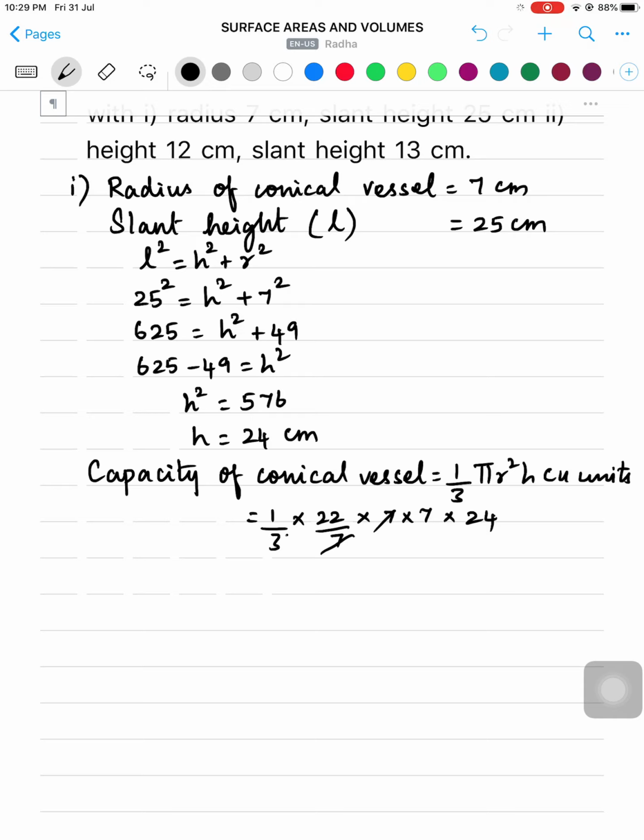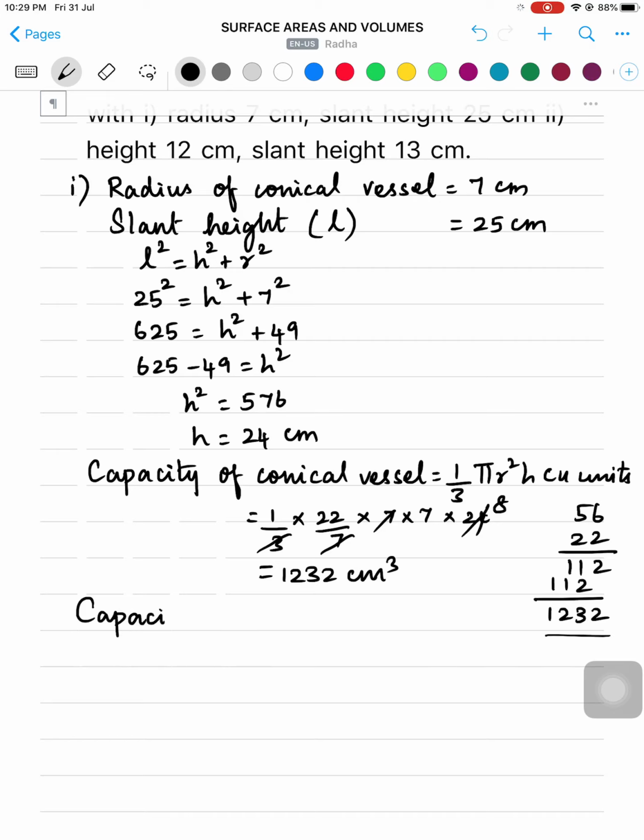This 7 in the numerator and denominator gets cancelled. 3 ones are 3, 8s are 24. Yes. So, we need to multiply 56 into 22. So, it is 112. So, you get 1232 centimeter cube.